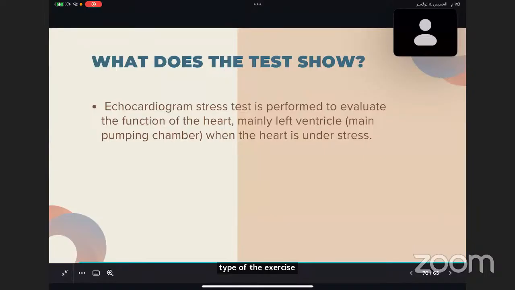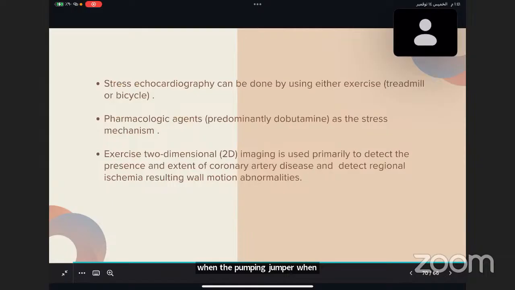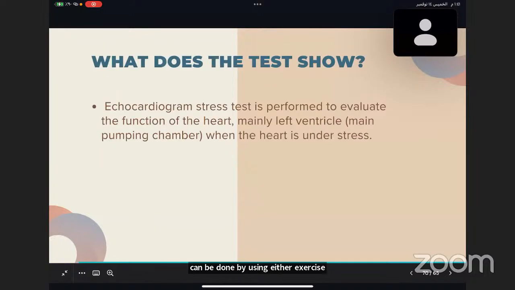Okay. What does the test show? The echocardiogram stress test is performed to evaluate the function of the heart, mainly the left ventricle, the pumping chamber, when the heart is under stress. Okay. The stress echocardiogram can be done using either exercise, treadmill or bicycle, like this.